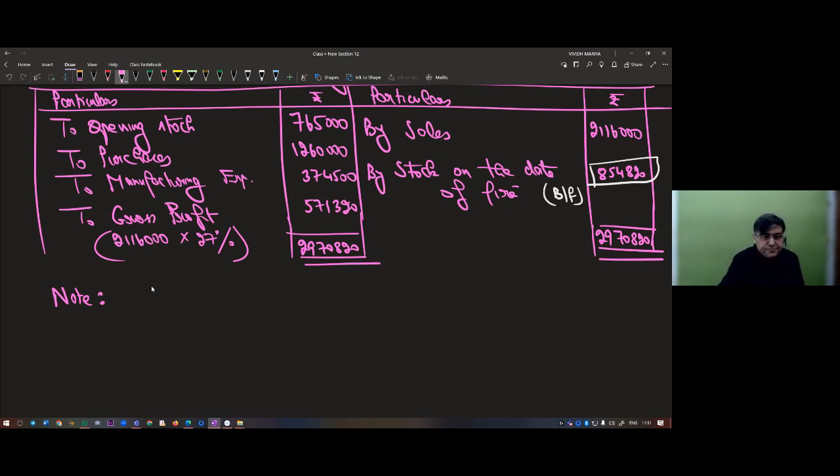Note, guys, I took the call because there was some problem being faced by students of CMA. So, guys, note, policy value is for sufficient amount.